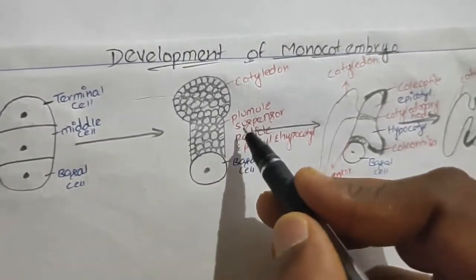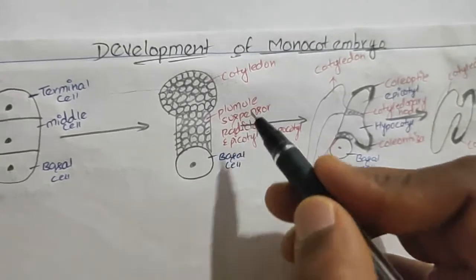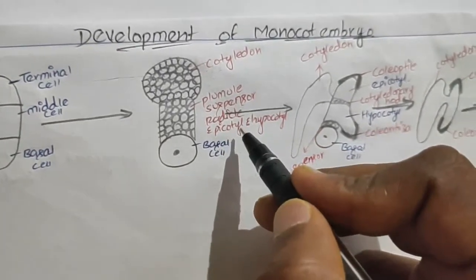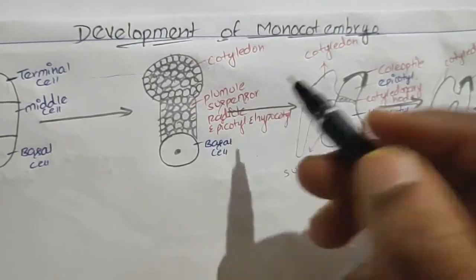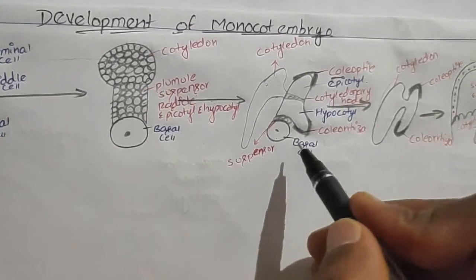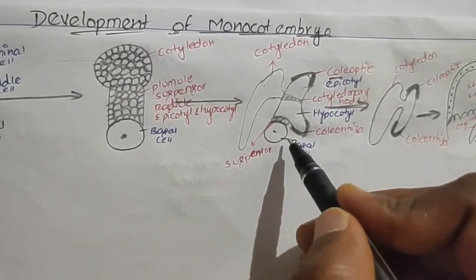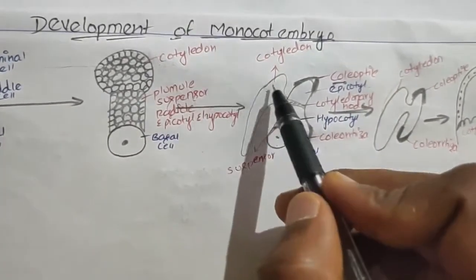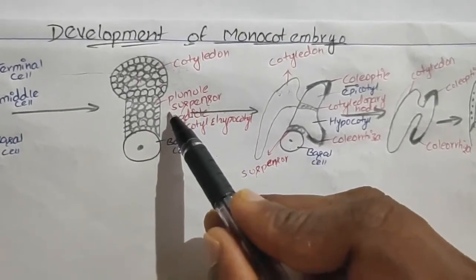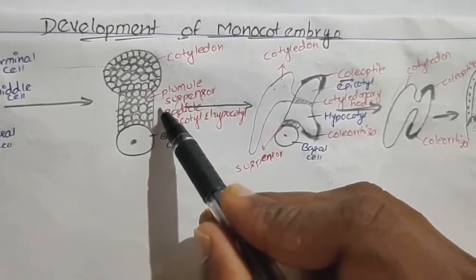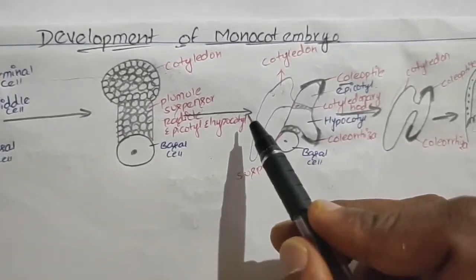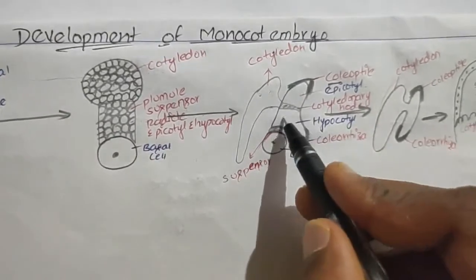These cells will give rise to almost all parts of the monocotyledon embryo, that is the plumule, radicle, epicotyl, hypocotyl, suspensor, etc. Later, the basal cell won't develop but increases in size, the cotyledon develops, and the middle cells, which divide and become a mass of cells, give almost all parts of the monocot embryo.